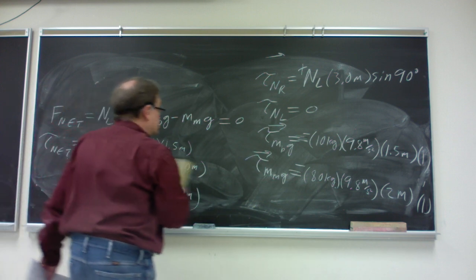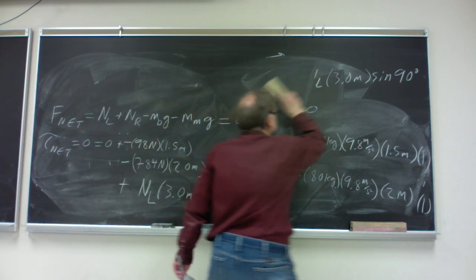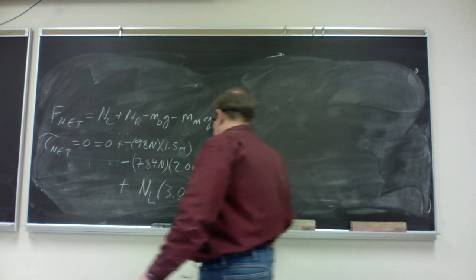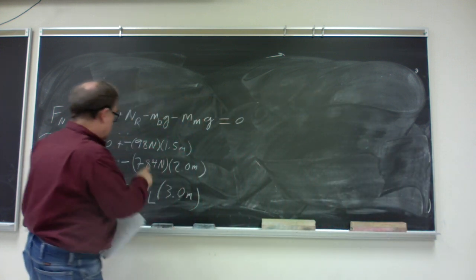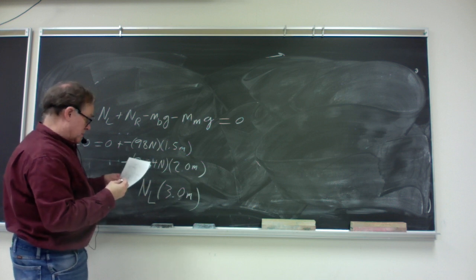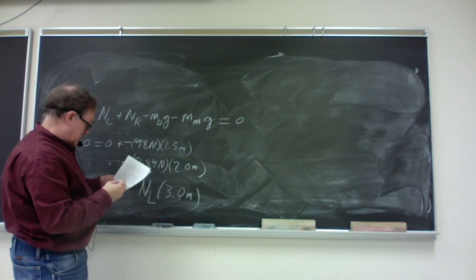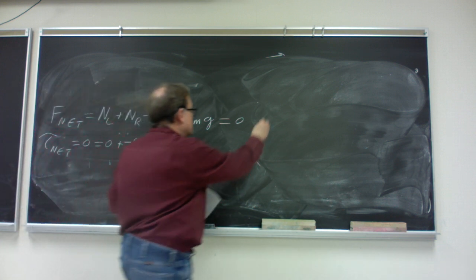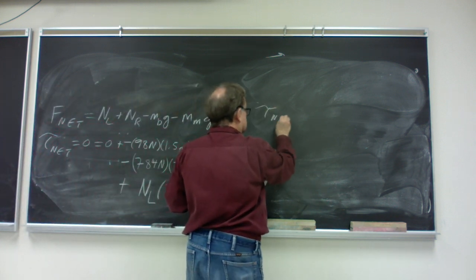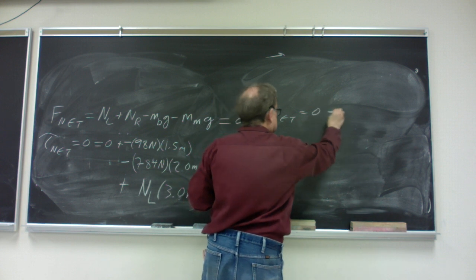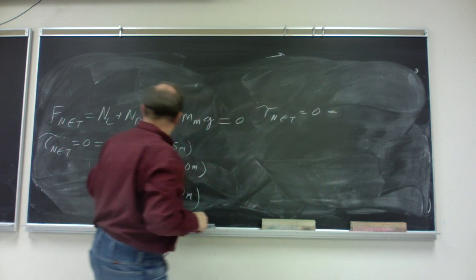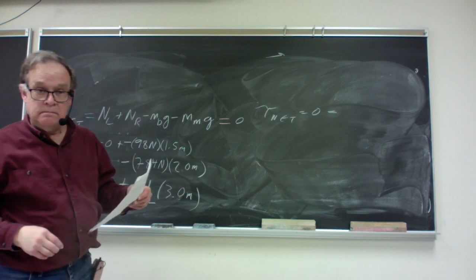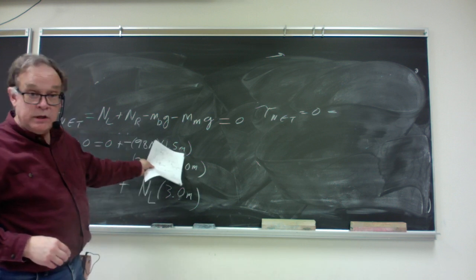And what does that algebra look like? So 98 newtons times 1.5 meters is minus 147 Newton meters.